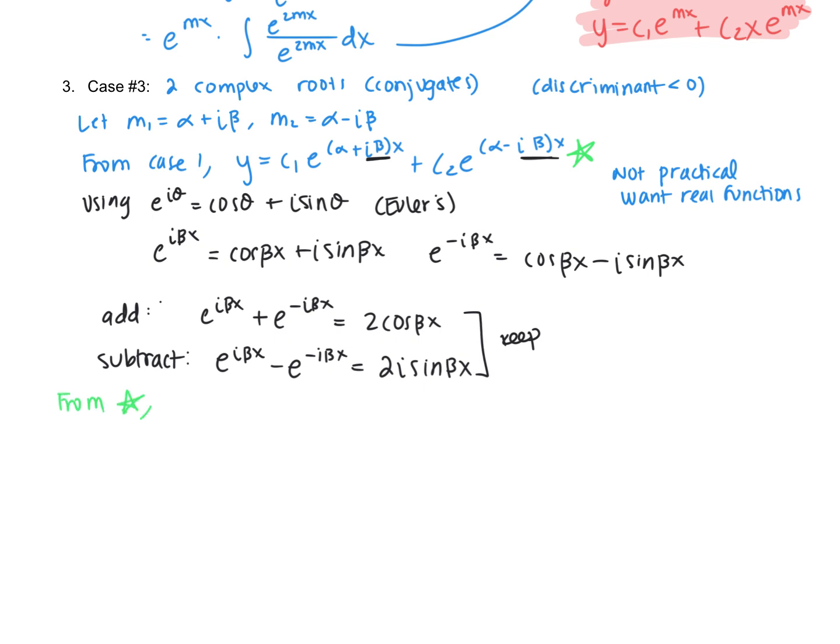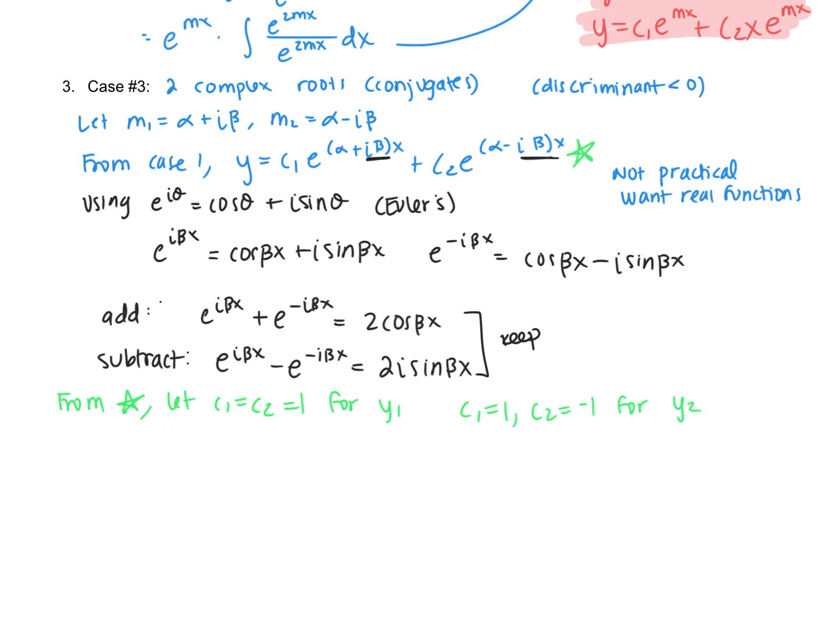So from that equation above, we are going to let C1 and C2 be 1 for our solution y1. And then we're going to let C1 equal 1 and C2 equal negative 1 for our second solution.